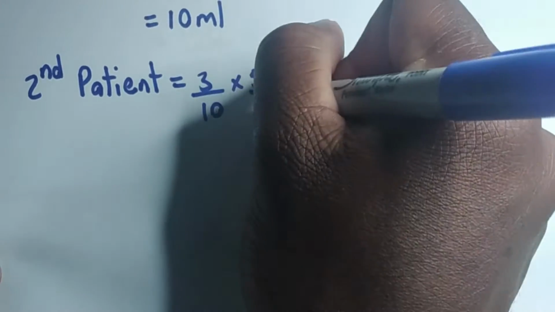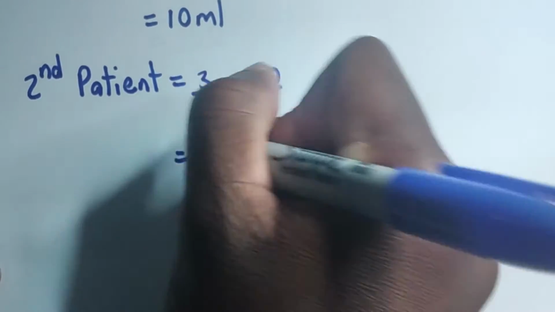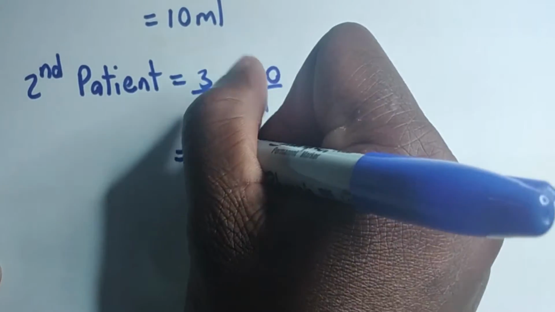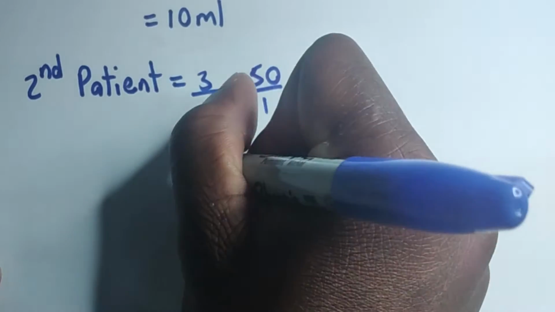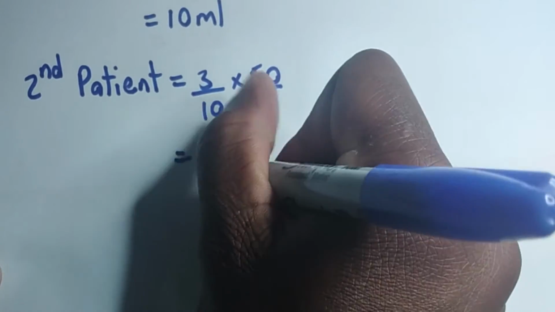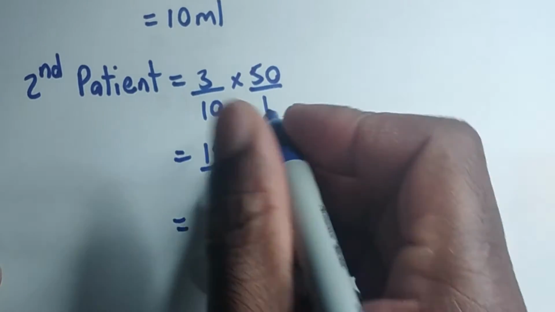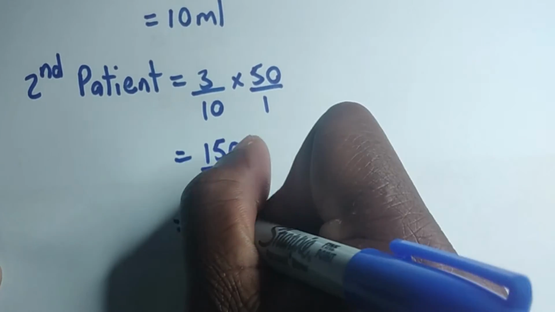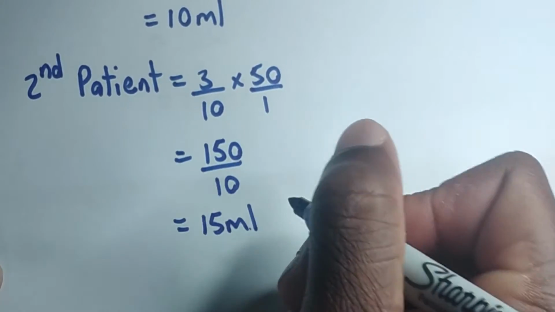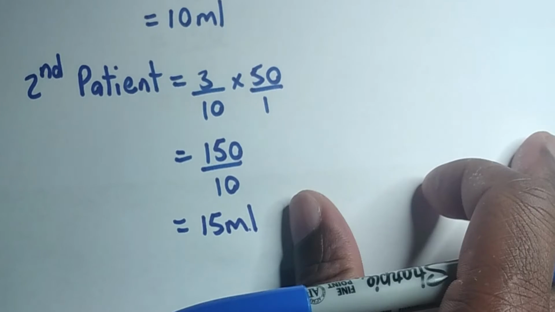And again, we can put this over 1 and multiply across. So 3 times 50, that's 150. 10 times 1, that's 10. And 10 goes into 150 15 times. And you can always use a calculator to obtain those results.